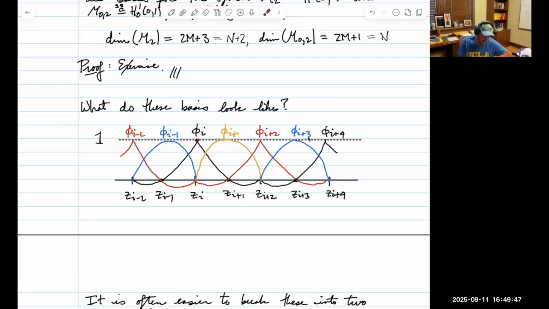Remember, it has to be piecewise quadratic, and it has to be globally continuous, and it has to satisfy the conditions that I've set. Phi_i has to be piecewise quadratic, globally continuous, and it has to be 1 at this node and 0 at all other nodes. I'm suggesting that that's the only way you can do this.